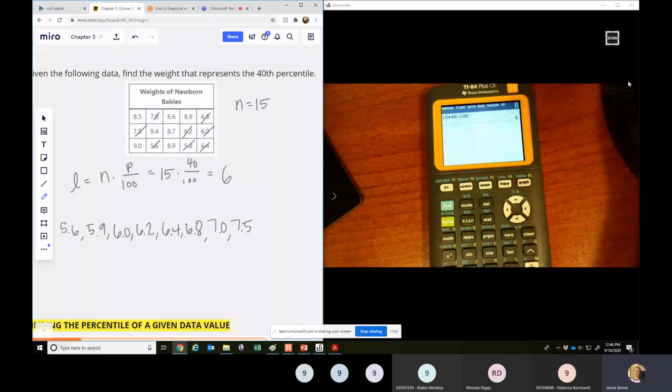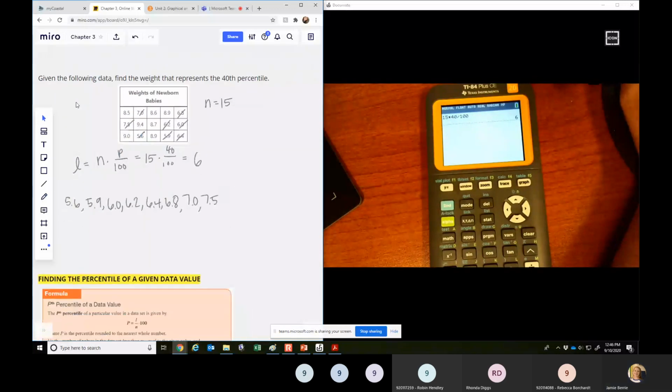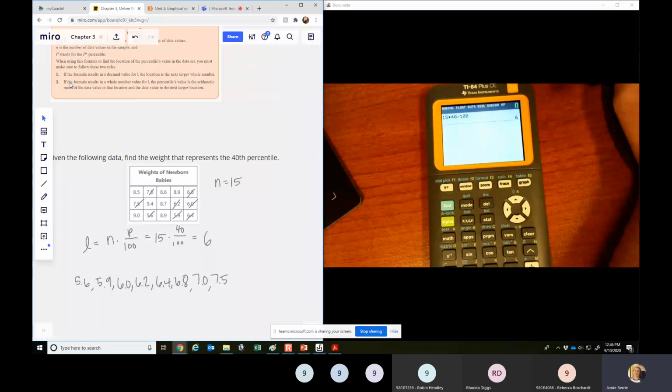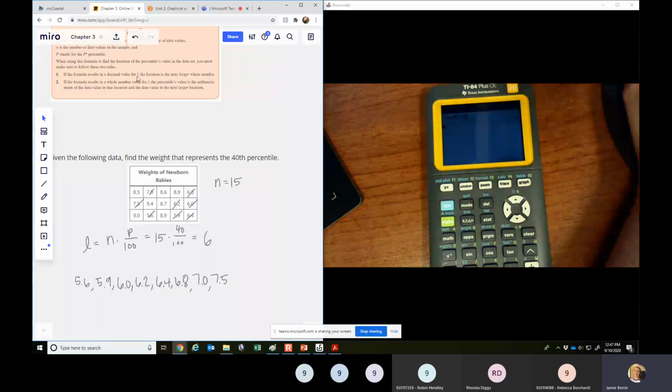Okay, so let's scroll back up here to our formula and look at those rules again. If the formula results in a decimal value for L, the location is the next larger whole number. Okay, we got a whole number, so let's look at the next rule. If the formula results in a whole number value for L, that's what we got.